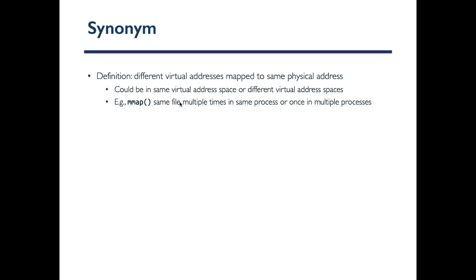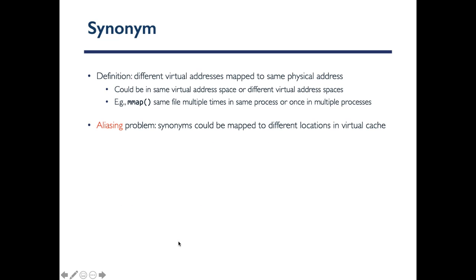So if you use mmap twice for the same file, you will get two ranges of virtual memory, but they would both point to the same physical memory. So that's the definition. Now, what's wrong with it? The problem with synonyms is aliasing.